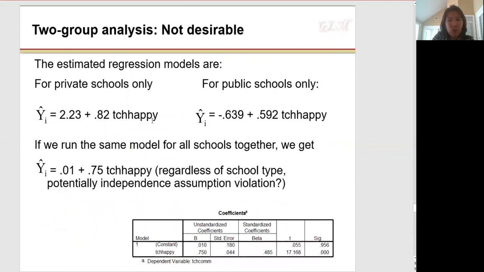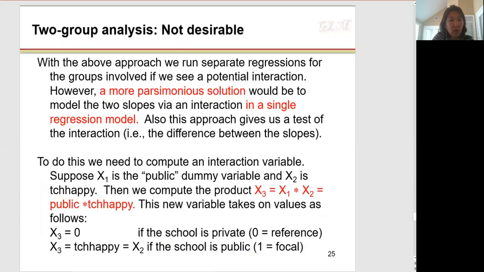So here, look, two different regression models, so you don't need to do it. A more parsimonious solution is to add the interaction effect in your multiple regression model, okay?